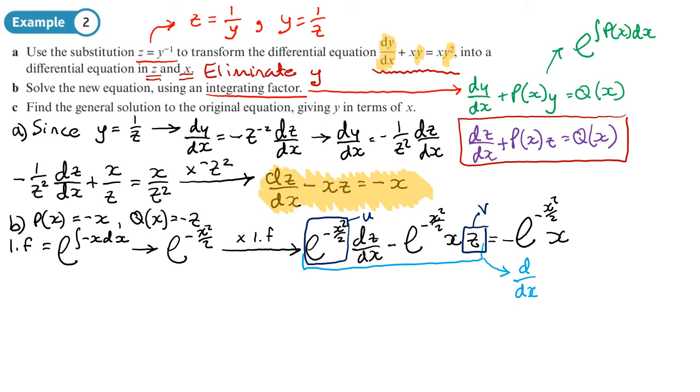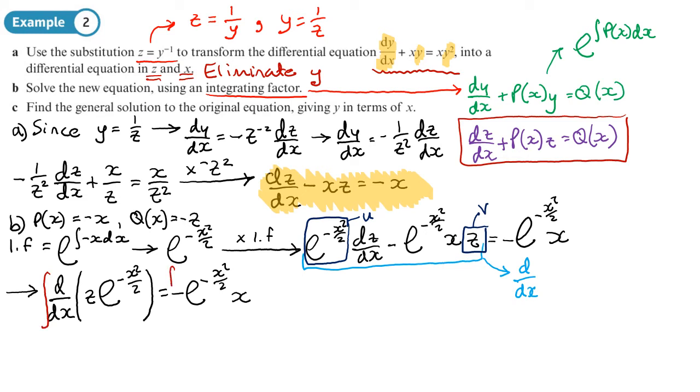So if we continue, the left hand side is what we got after differentiating this product with respect to x, which is z times e to the minus x squared over 2. And then we have the right hand side here. Then remember, the next step in using the integrating factor is that we integrate both sides like this.